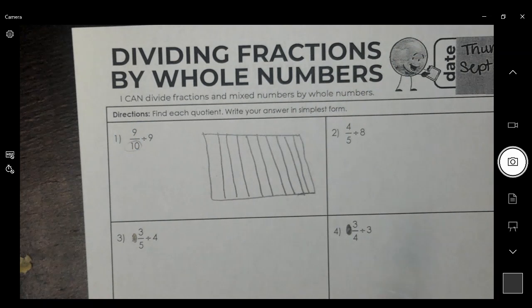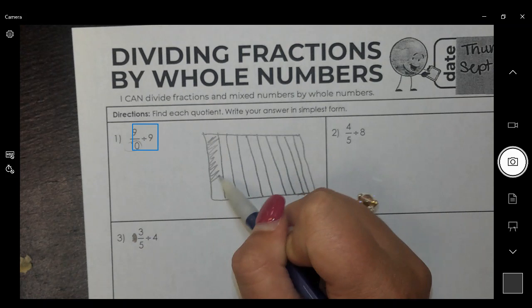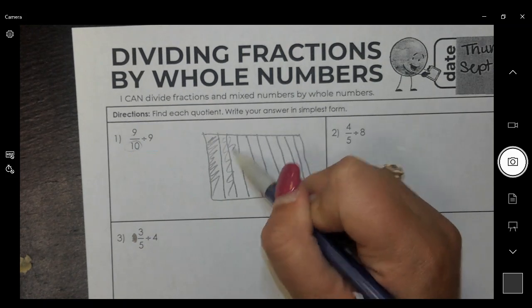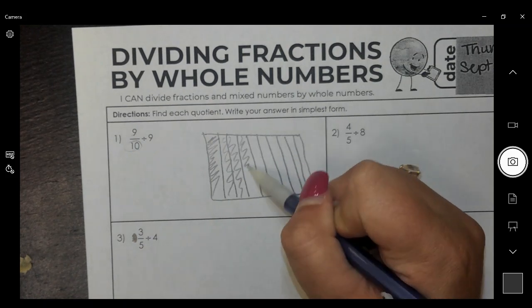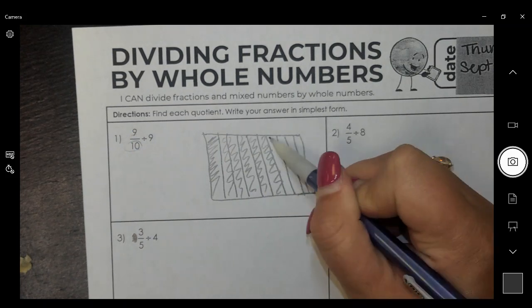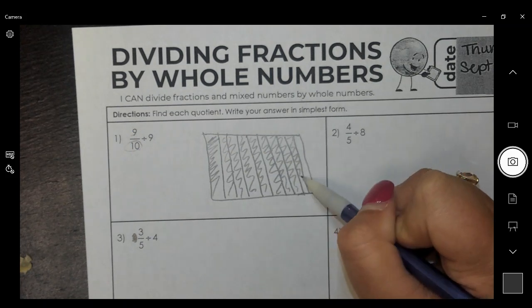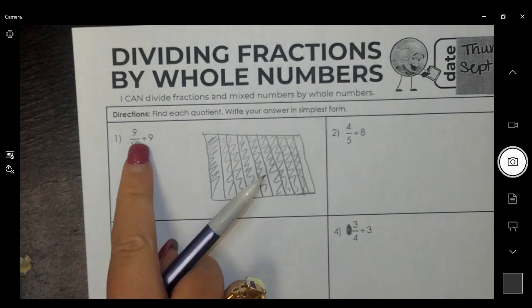Okay. I'm shading in 9/10. I'm focusing on 9/10 of my fraction. So 1, 2, 3, 4, 5, 6/10, 7/10, 8/10. So there's my 9/10. I've created 9/10.